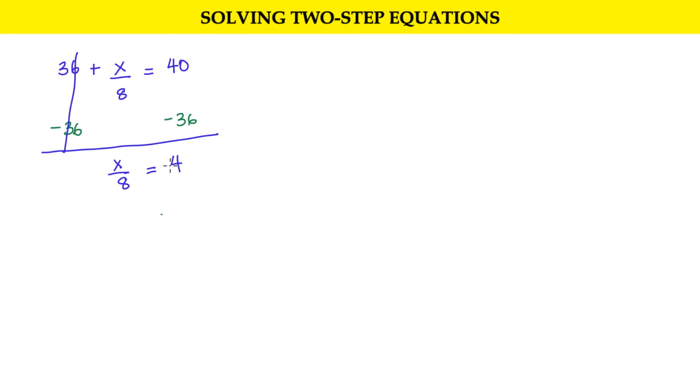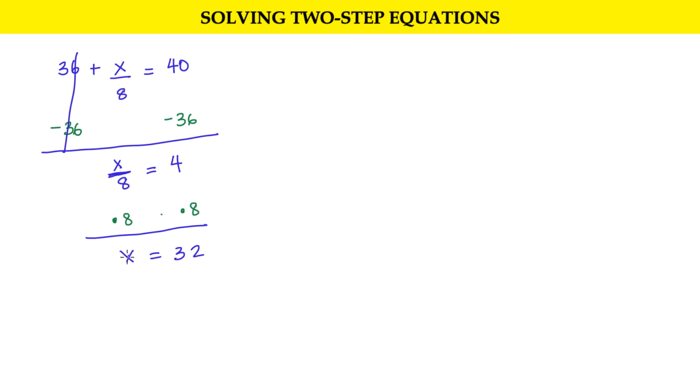What does that mean? There is a number x that when divided by 8 gives you 4. This fraction bar also means division, and the inverse operation would be multiplication. So you would multiply by 8 on both sides, and that would give you x is equal to 32.